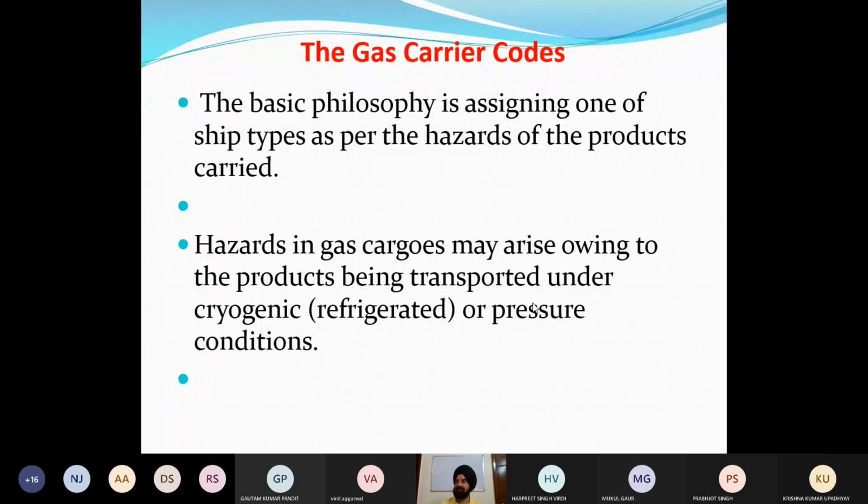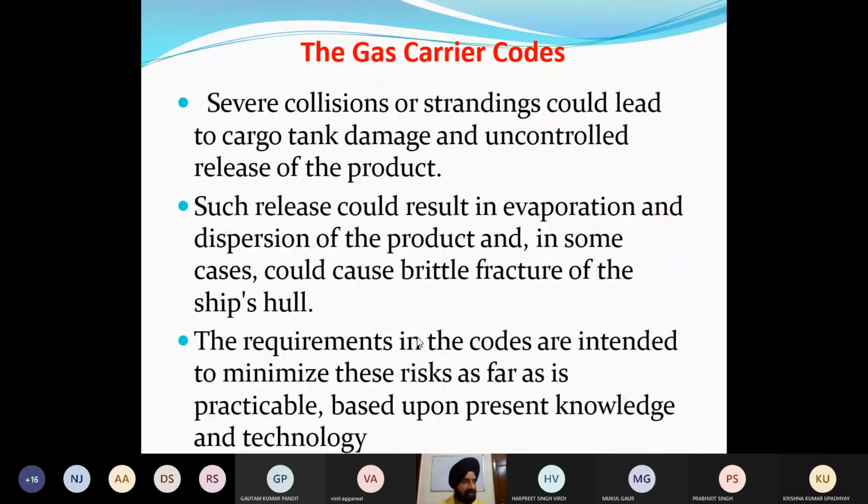Now we have seen basically the gases are carried in basically two states, either they are under high pressure or they are under low temperatures, isn't it? So for these, the first thing that comes is if some mishap takes place, any collision or stranding could lead to cargo tank damage and uncontrolled release of the product that is dangerous.